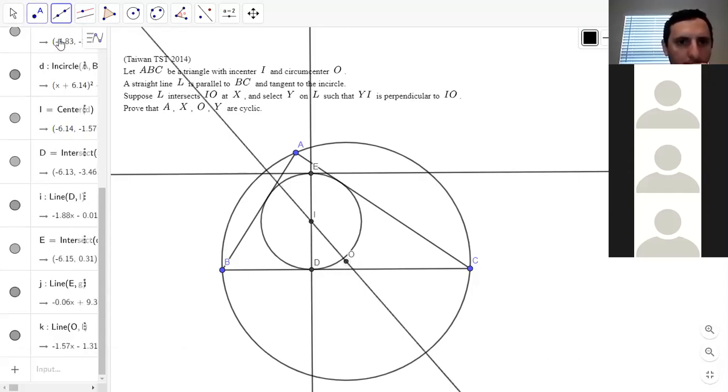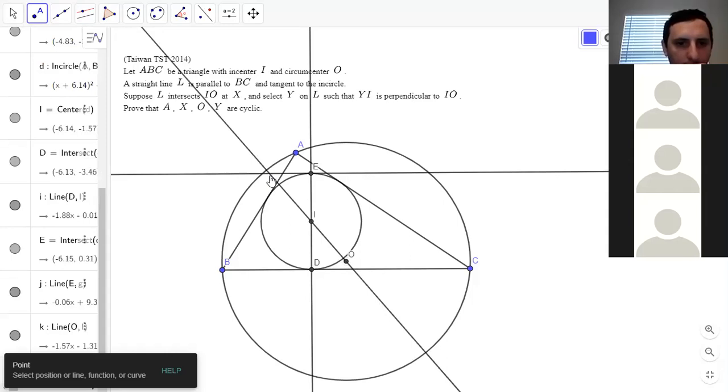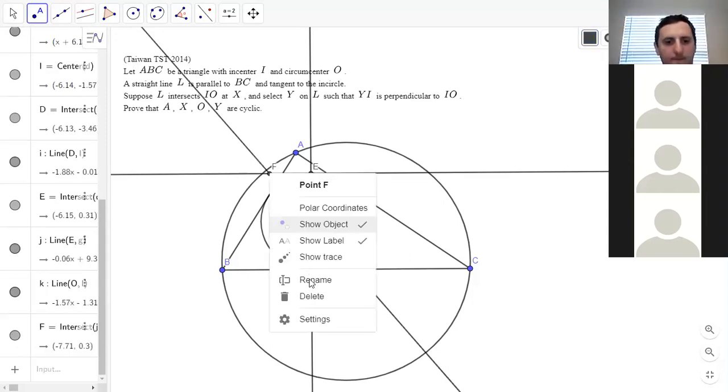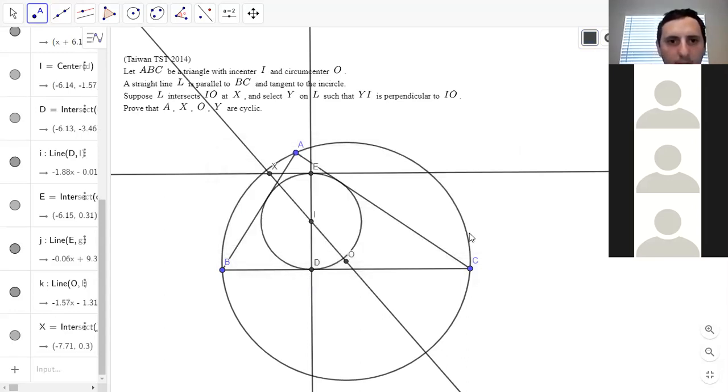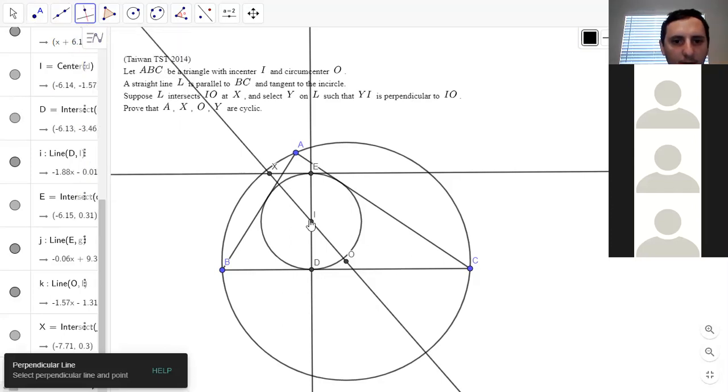So that's X, and we can select Y on L such that YI is perpendicular to IO. Okay, so you want to draw the perpendicular line.